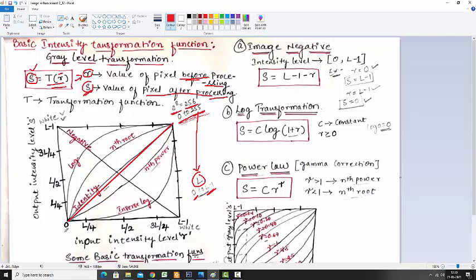We know that 0 is a dark value, whereas L minus 1 is a white value. So it is moving from darker value towards white value on the output side also. The input side is represented along the x-axis, and along the y-axis we get the output intensities.